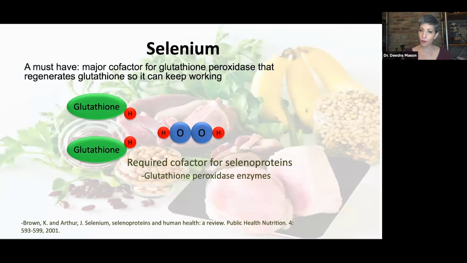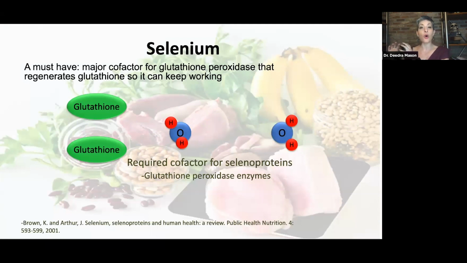It is a major cofactor for the healthy production as well as reduction of an oxidized glutathione. It regenerates or recycles glutathione. Ultimately, selenium is unique in that it quenches a very harmful free radical called a hydroxyl free radical.